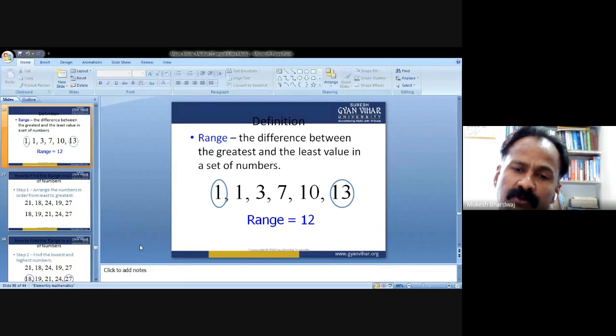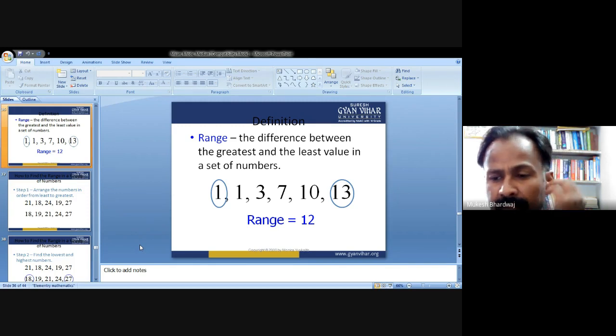First you arrange the numbers in increasing order, and you subtract the lowest number from the highest number, and the result is known as the range. By observing this series, 13 is the highest and 1 is the lowest. So 13 minus 1 is equal to 12. So the range of the series is 12.